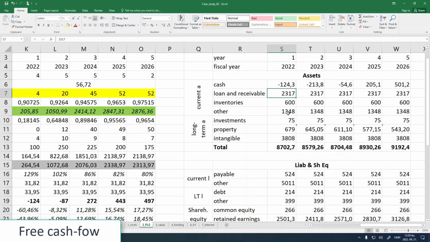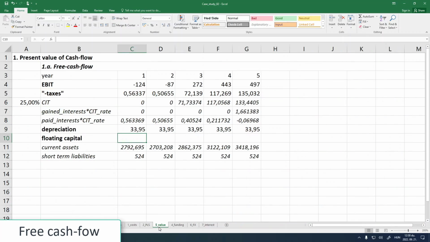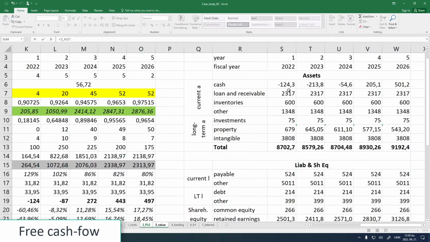Maybe we should also eliminate this loan and receivable because it's my biggest fear that if we are keeping these tax optimization components in, it will bias everything so much. Let's just use what we know.